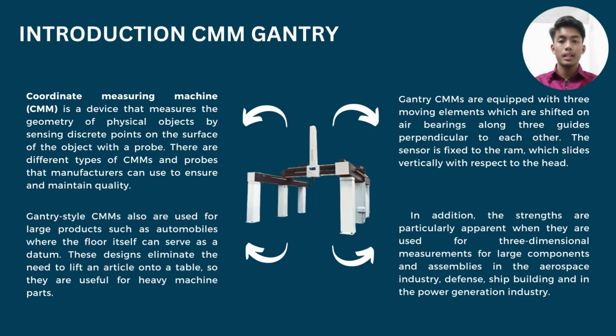This design eliminates the need to lift an article onto a table, so they are useful for heavy machine parts. In addition, the strengths are particularly apparent when they are used for 3-dimensional measurements for large components and assemblies in the aerospace industry, defense, shipbuilding, and in the power generation industry.